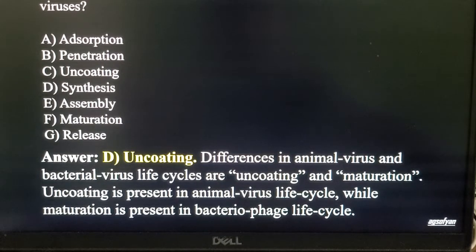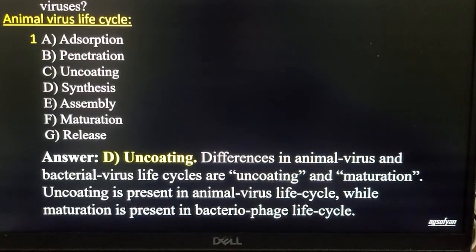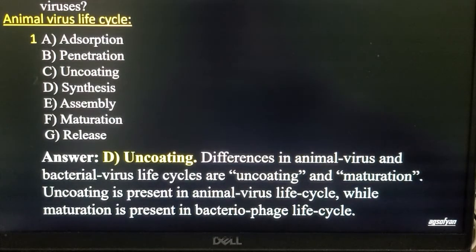Now look again at the 6 stages of the life cycle for animal viruses. Of course, absorption or attachment is present in animal virus and also bacterial virus. Penetration, yes, is present in both types of virus.